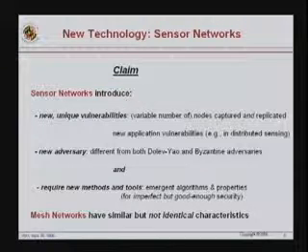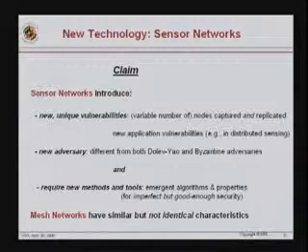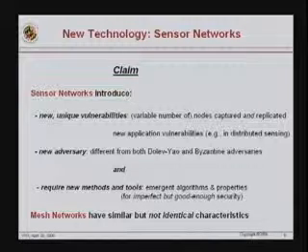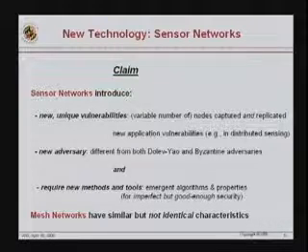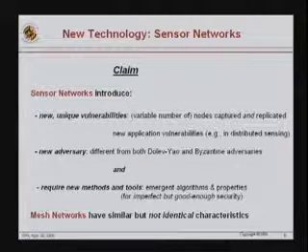So the claim is that this kind of new technology introduces new and unique vulnerabilities, and the adversary that we have is different, and consequently we require new methods and tools to cope with this adversary. In particular, we have what's called emergent algorithms and emergent properties to deal with this adversary, which are basically probabilistic properties of the system that we try to make happen.